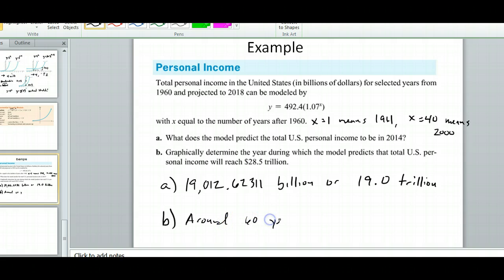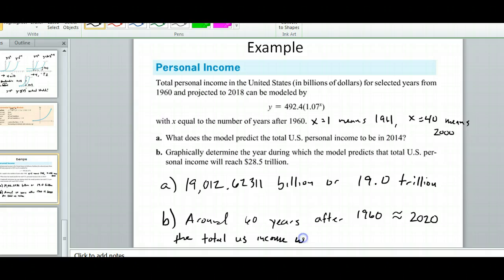So 60 years after 1960, which is approximately 2020, the total U.S. income will reach 28.5 trillion.